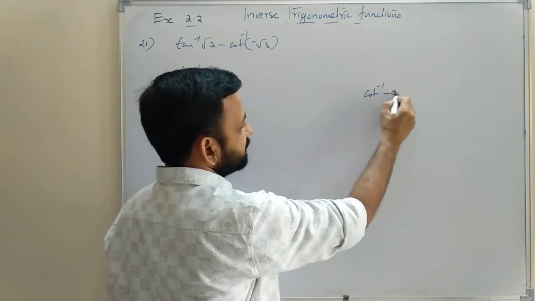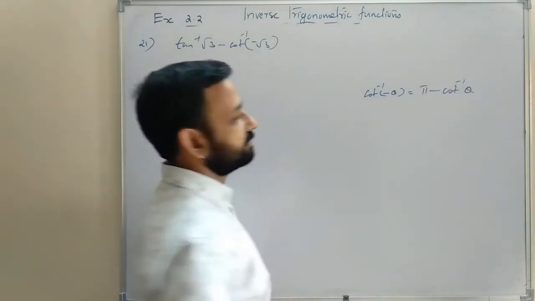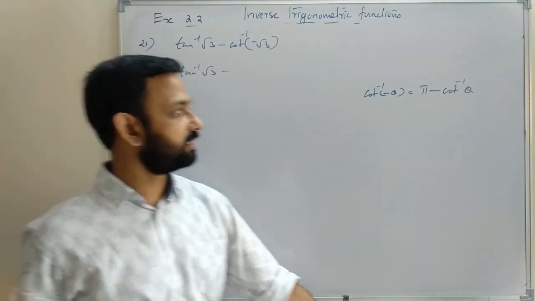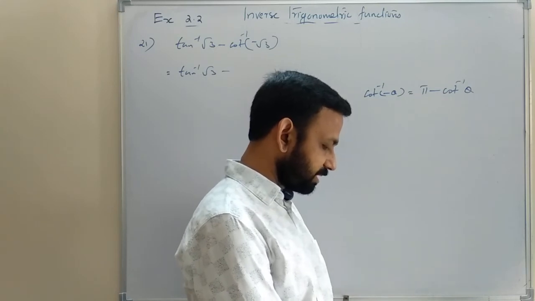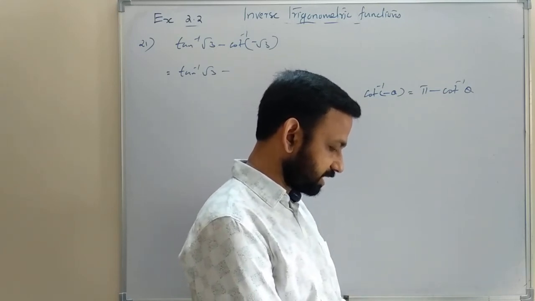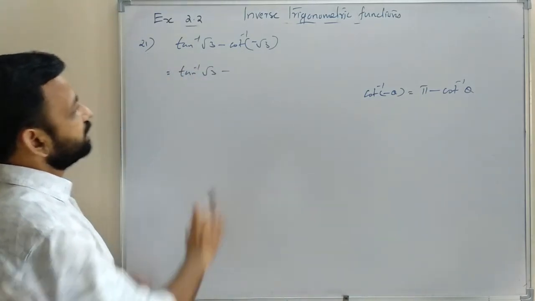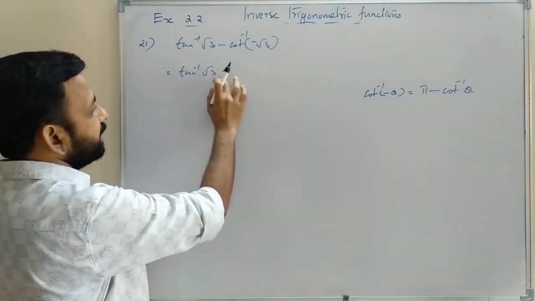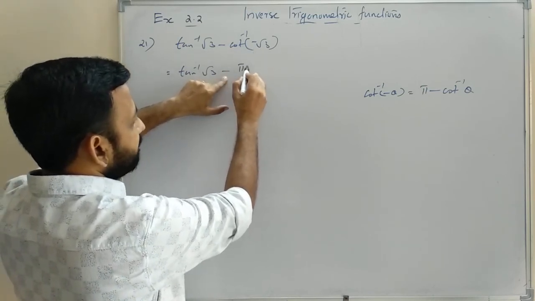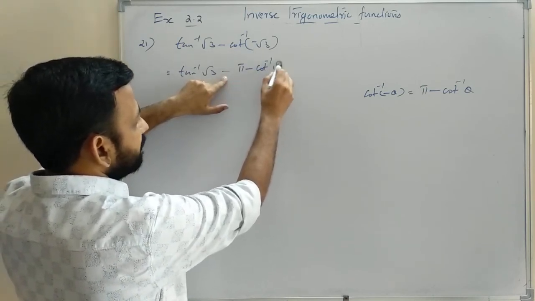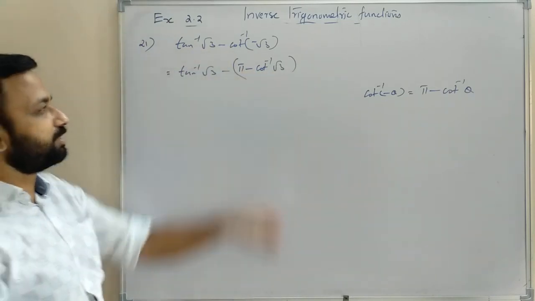Cot inverse minus theta is equal to π minus cot inverse theta. That is property number 3. So tan inverse root 3 minus cot inverse minus root 3 is equal to π minus cot inverse root 3, in brackets, because of the negative sign.